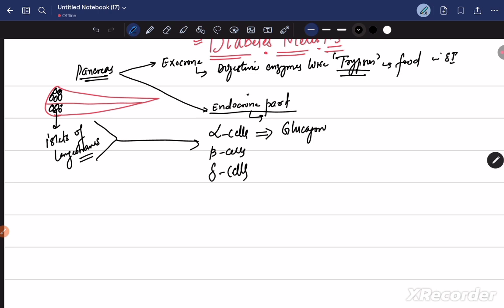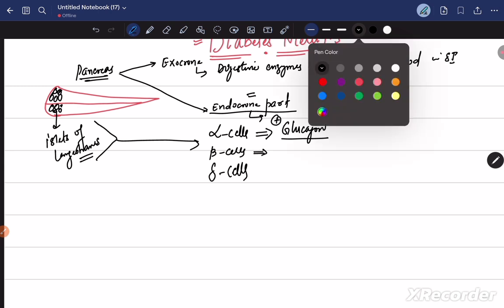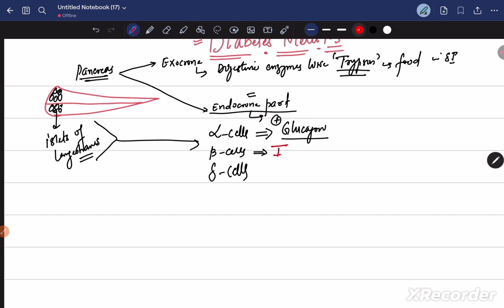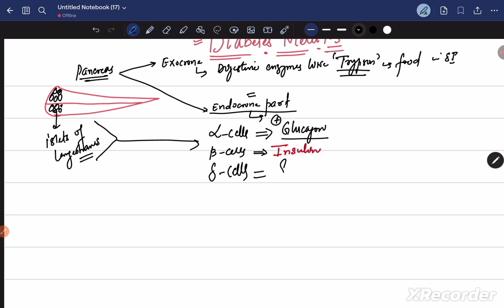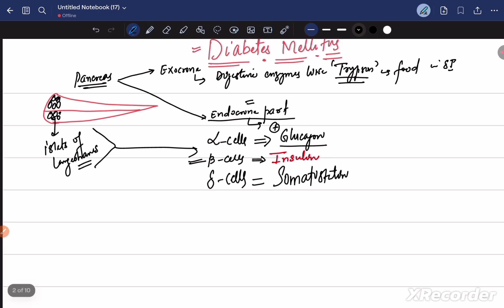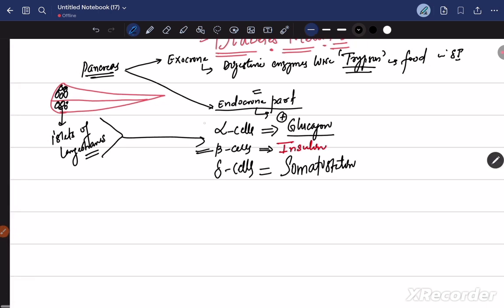Beta cells will secrete insulin, and delta cells are responsible for secretion of somatostatin. This is a little bit of the physiology of pancreas: what its cells are and what is secreted from the different cells of the endocrine part of pancreas.